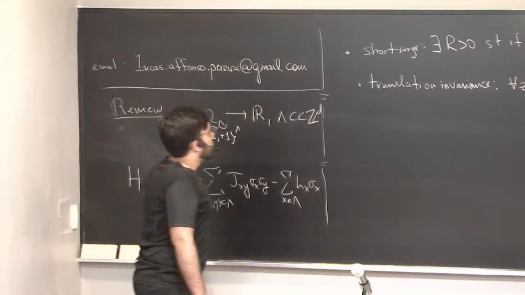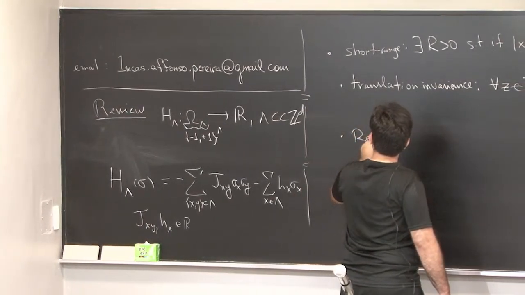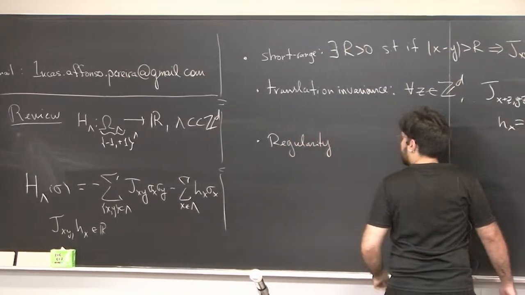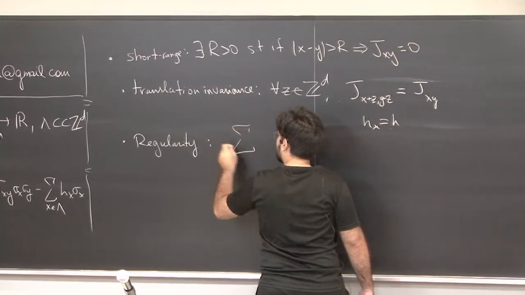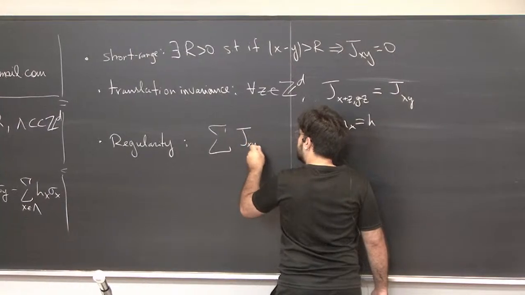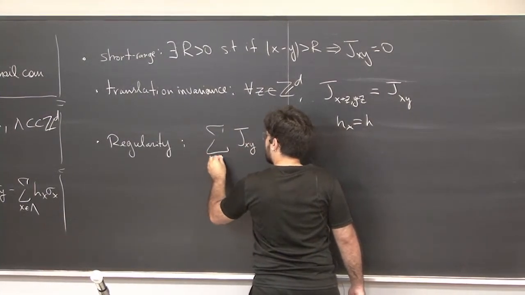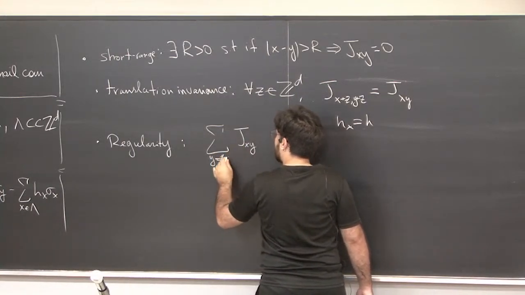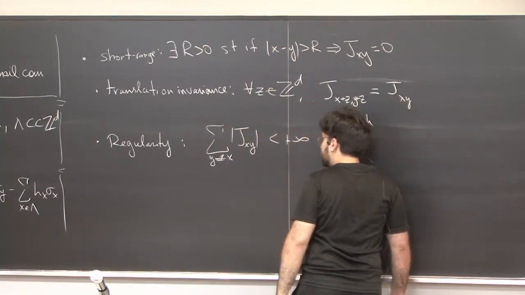And also we asked for another property that we called regularity. That means that the sum of J_xy, for y different from x, should be finite.